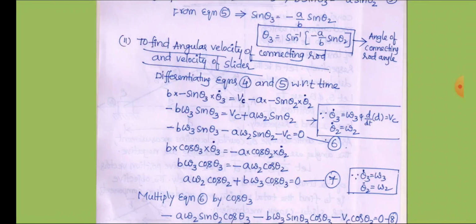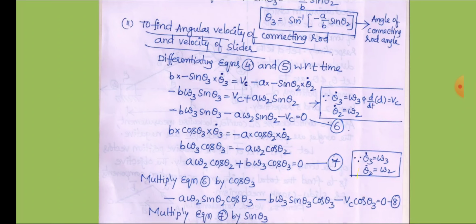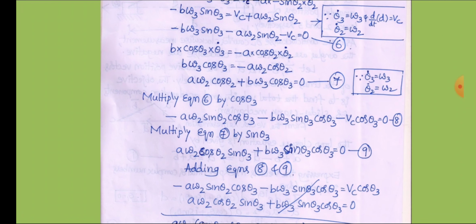In order to solve equations 6 and 7, because I want velocity, I will eliminate theta 3 from the two equations. So I should multiply equation 6 by cos theta 3.